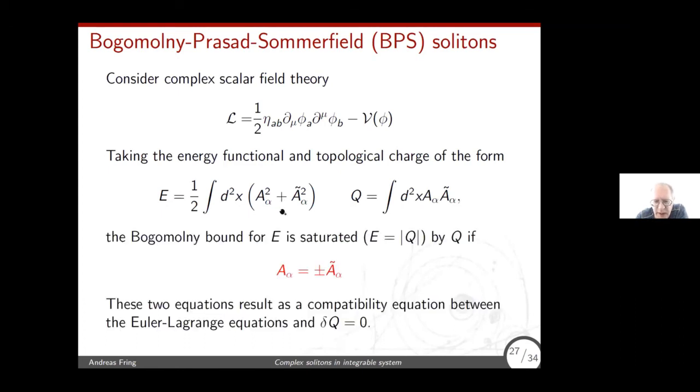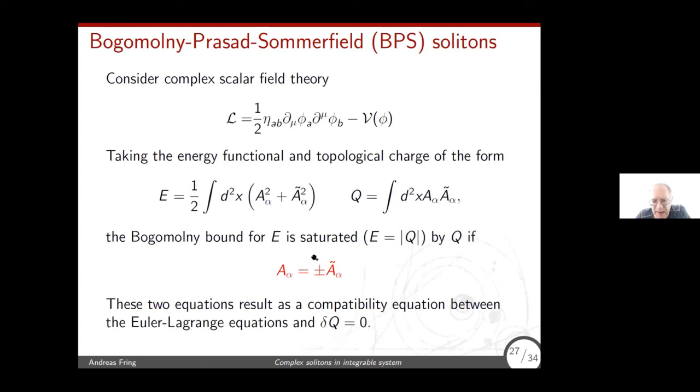The trick is to complete the square of the energy and assume, in the red equation, that these quantities can depend on the scalar field and on the derivatives. This is just a shorthand notation for a whole bunch of terms, but they have to satisfy these Bogomolny equations.